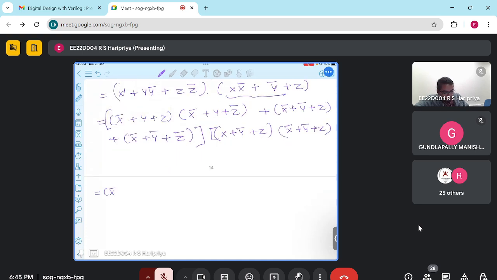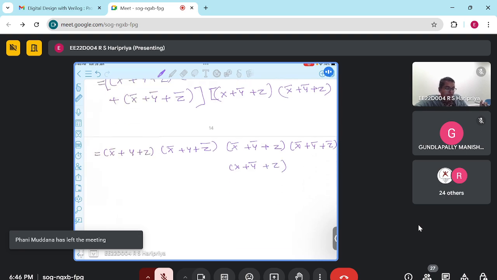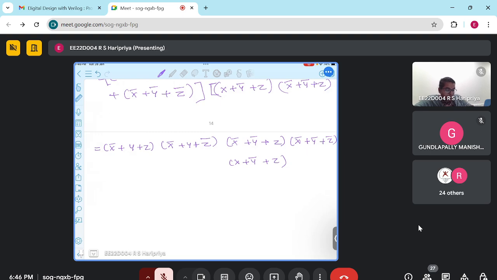So this gives the simplified POS form. So every term consists of all the variables like x, y, z in the complement or uncomplement form. So any doubts till here?